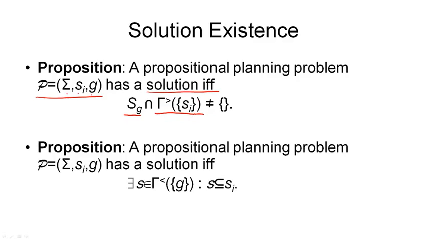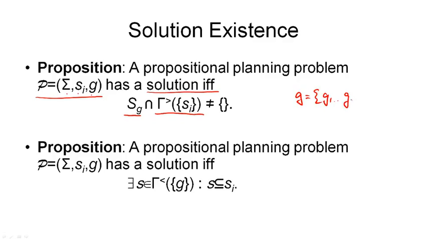We also had a similar proposition for the regression of states, but that's not what I wanted to remind you of here. It's the first proposition that I want to have a closer look at. This states that if a planning problem has a solution, then there must be a reachable goal state. Now, our goal condition G actually consists of a set of sub-goals that we're trying to achieve.